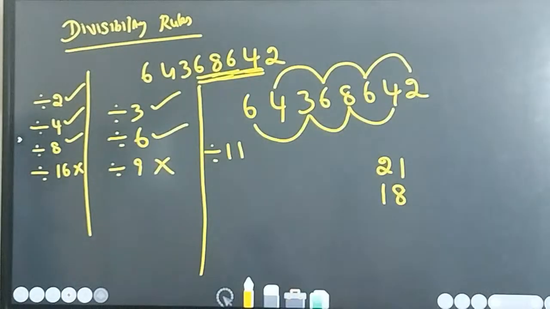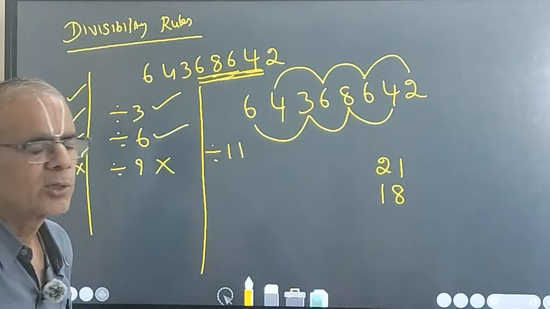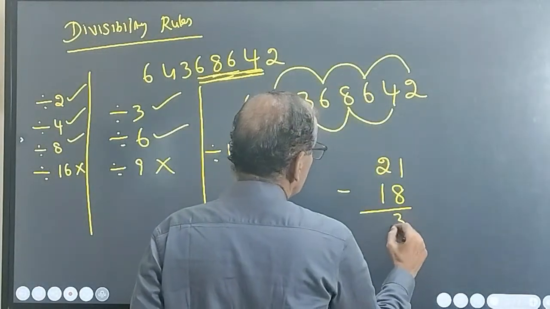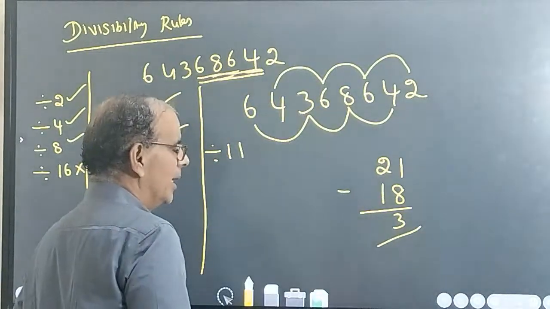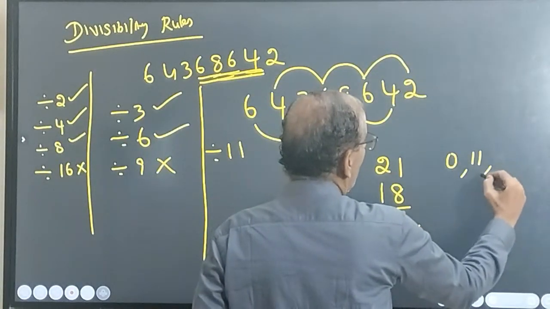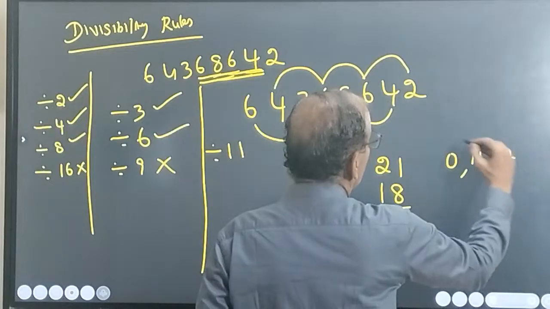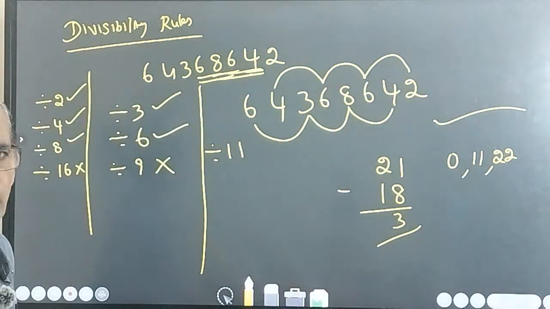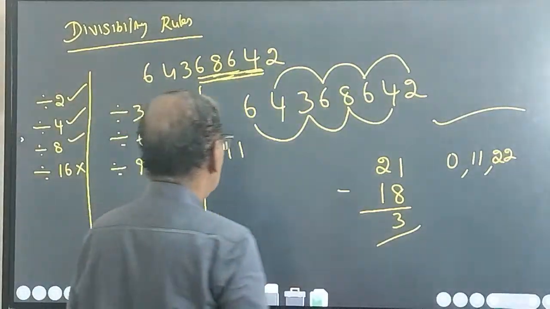What I have done is added alternate digits and found the difference. The difference is 3. If the difference is 0 or 11 or 22, that number is divisible by 11. Otherwise it is not divisible by 11.